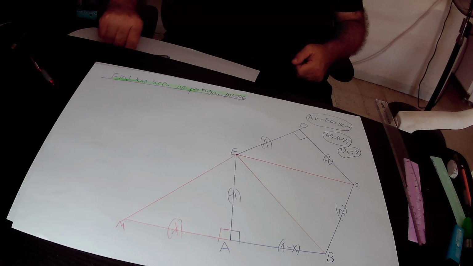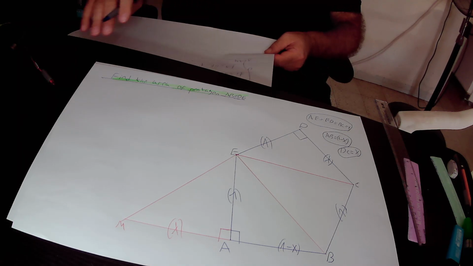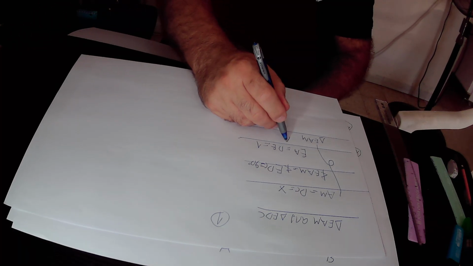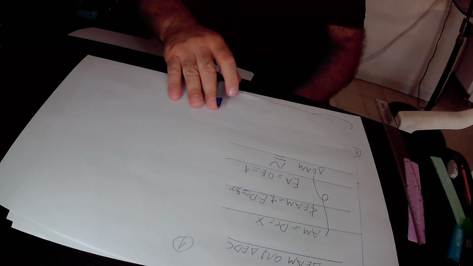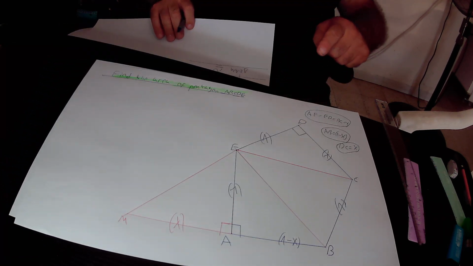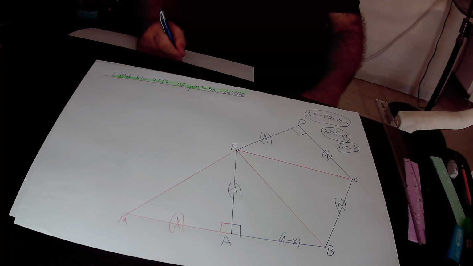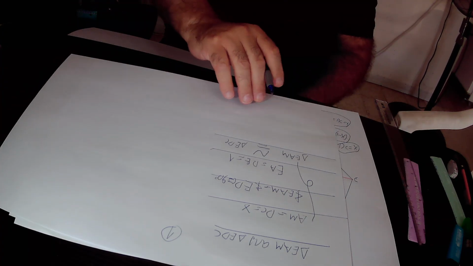So until now I found out that the right triangle EAM is congruent, this is the sign of congruent, to the right triangle EDC according to side angle side.